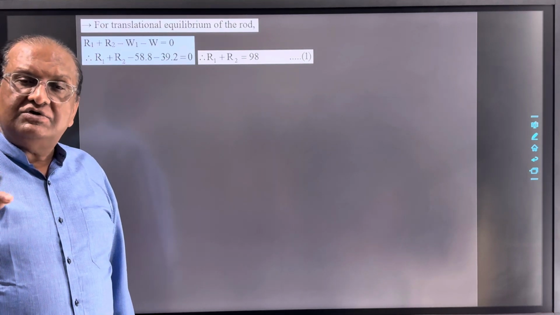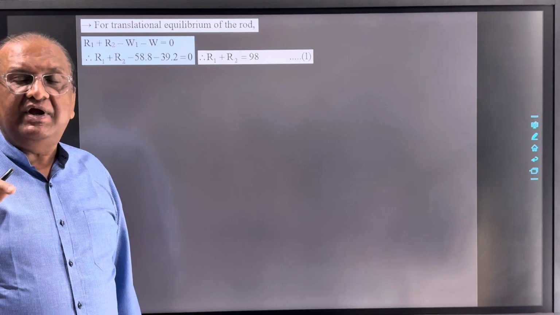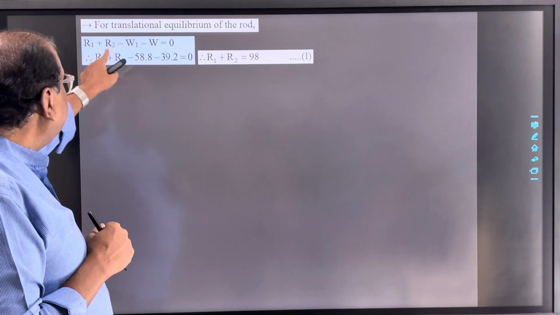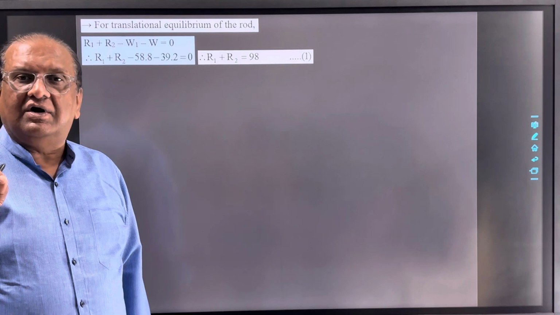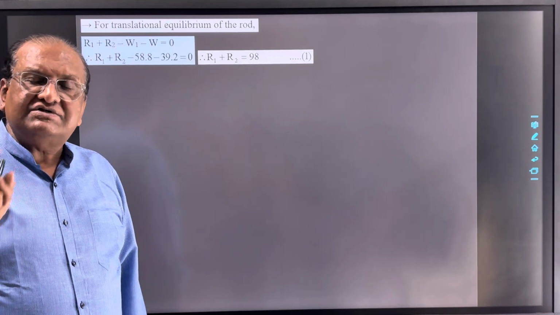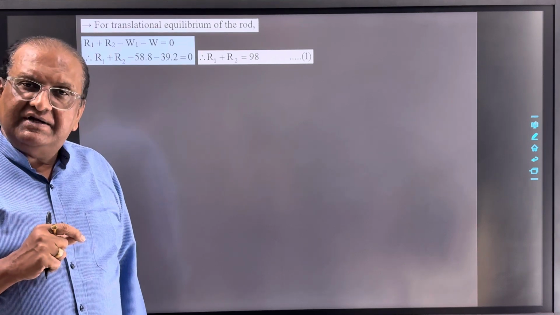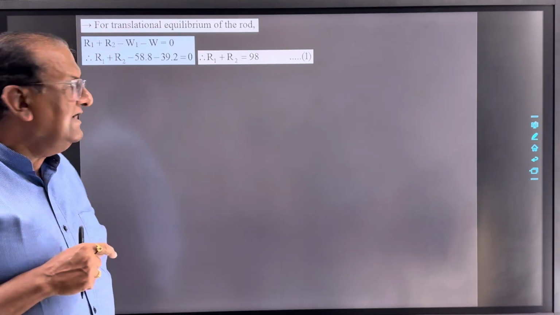So when the force itself is at the reference point, it will not produce the torque. So remaining three forces will produce the torque. Torque is force into perpendicular distance from the reference point. So reference point is G here.